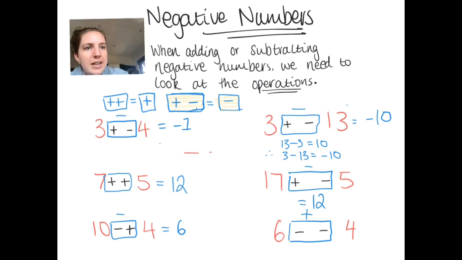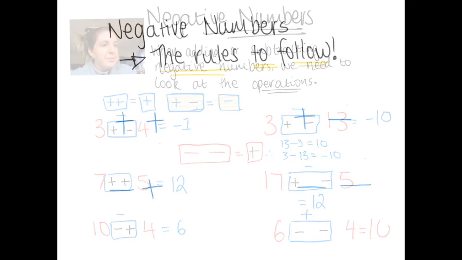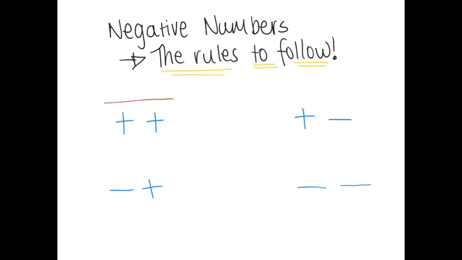So two negatives, when they're in the same equation and right next to each other, make a positive. So 6 take away negative 4 actually turns into 10 because it's 6 plus 4. So a positive and a positive stays positive.